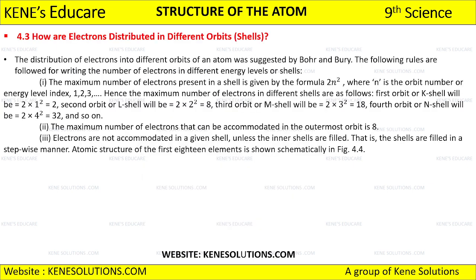Then we will discuss how electrons are distributed in different orbits, because there are four different shells: K, L, M, and N. We will discuss how exactly these electrons are distributed in different orbits.